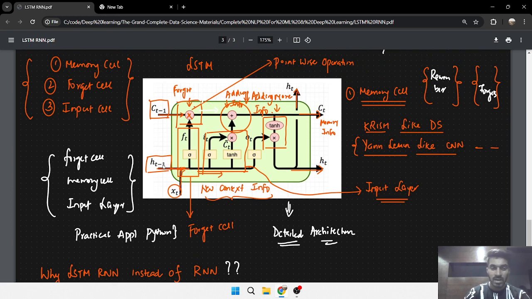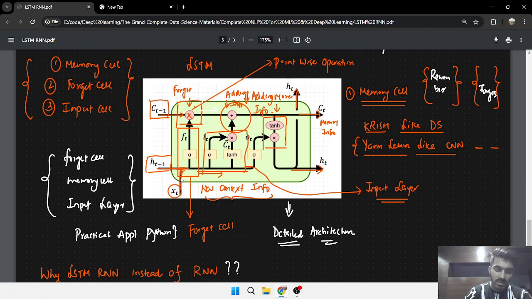So if you send a sentence like "my name is Naren," to whom "Naren" is referring, to "my", it will be able to remember by h t minus 1. But C t minus 1 remembers even if your sentence length is 4 or 5. Now what happens if you pass a new input and you already have the output of the previous layer?